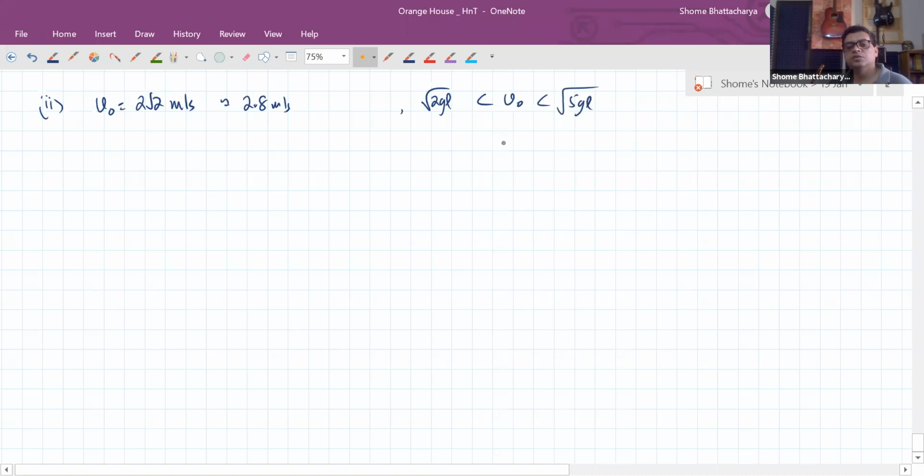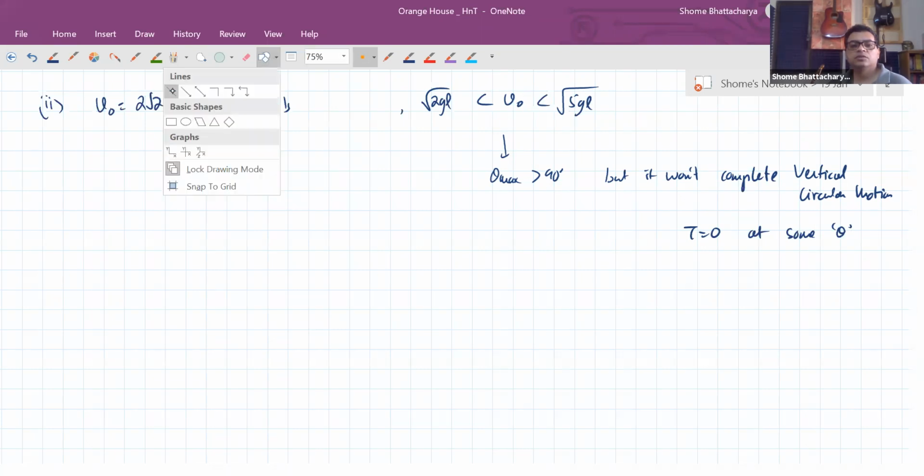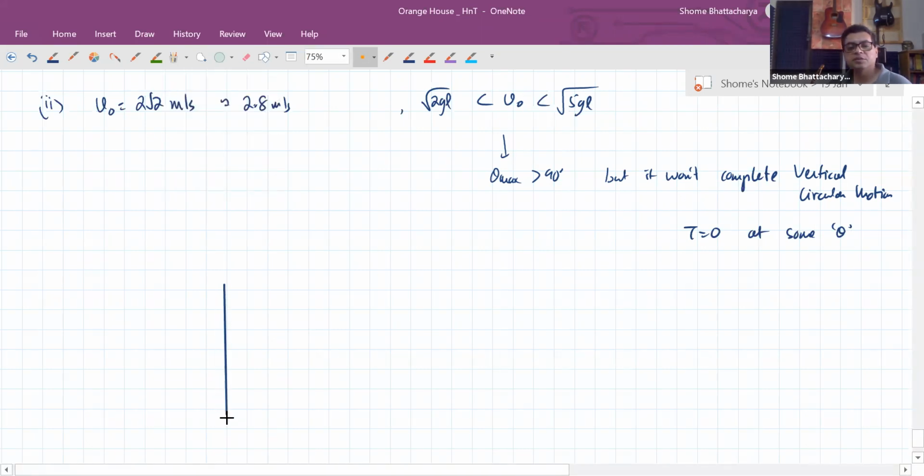So basically the maximum angular displacement will be more than 90 degrees, but it won't complete the vertical circular motion, because tension will become zero at some theta. So now we want to find the position at which that happens.